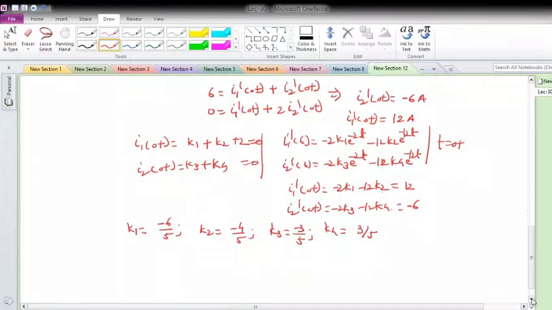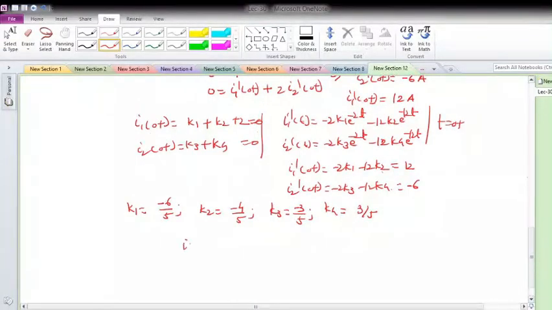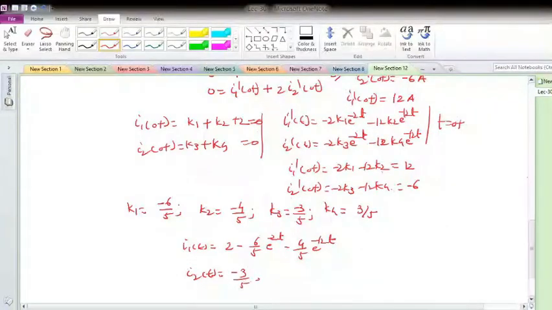Okay, so now my I1 of t will be 2 minus 6 upon 5 e raised to minus 2t minus 4 upon 5 e raised to minus 12t, and your I2 of t will be minus 3 upon 5 e raised to minus 2t plus 3 by 5 e raised to minus 12t.